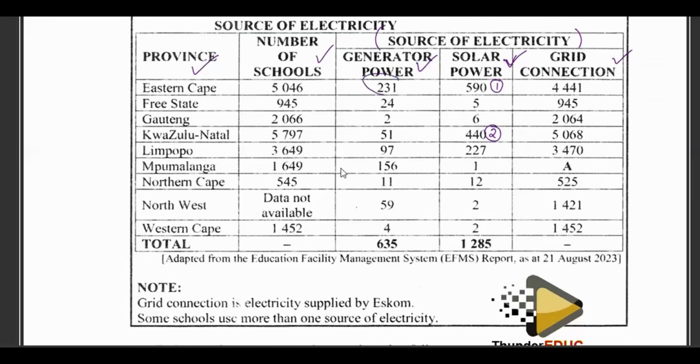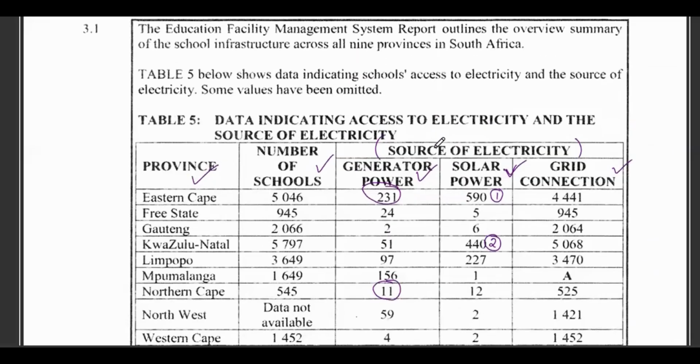Now we shall come here. Eastern Cape has, these are the generators, 231. Northern Cape has 11. So we shall do that.